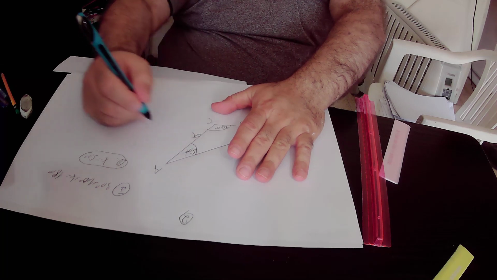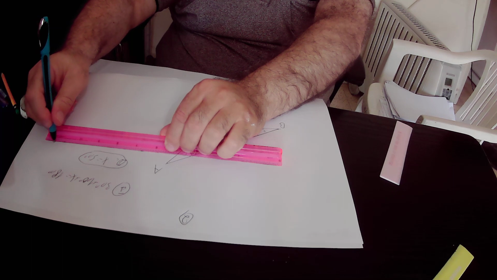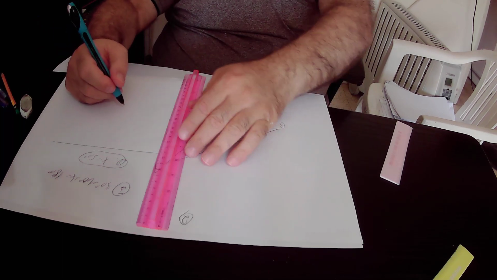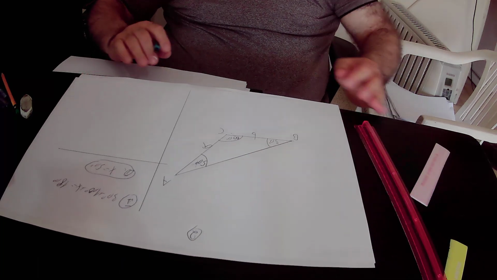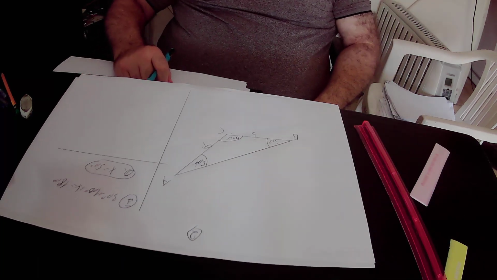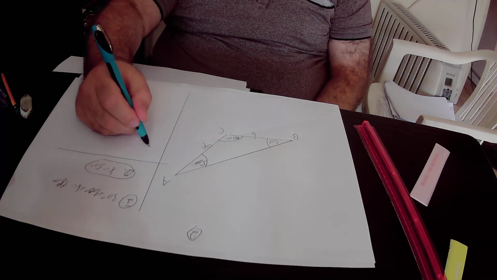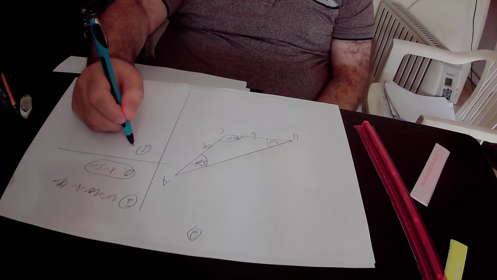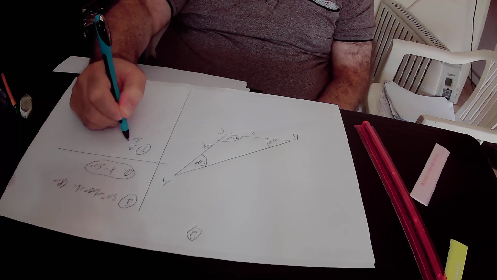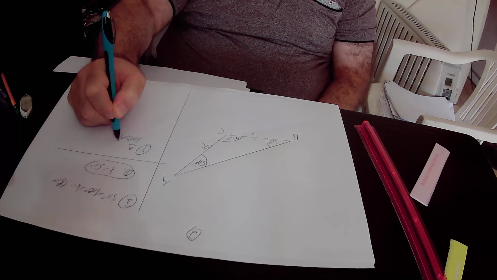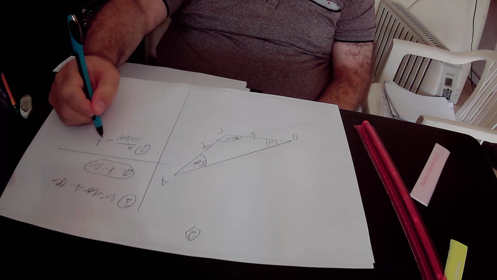In the next step, we will implement the law of sines in this triangle ABC. According to the law of sines, A over sine 30 degrees equals B over sine 50 degrees.